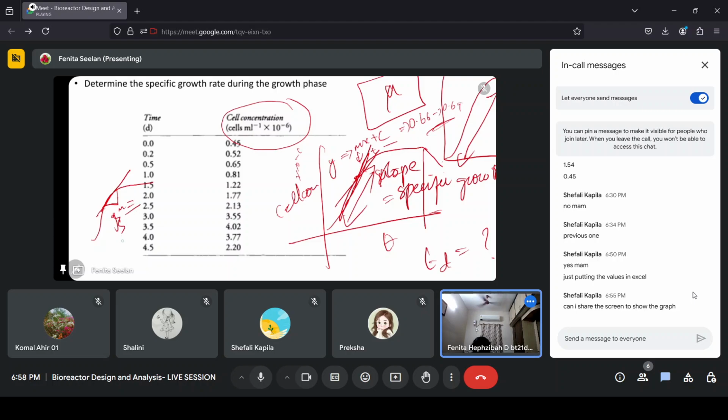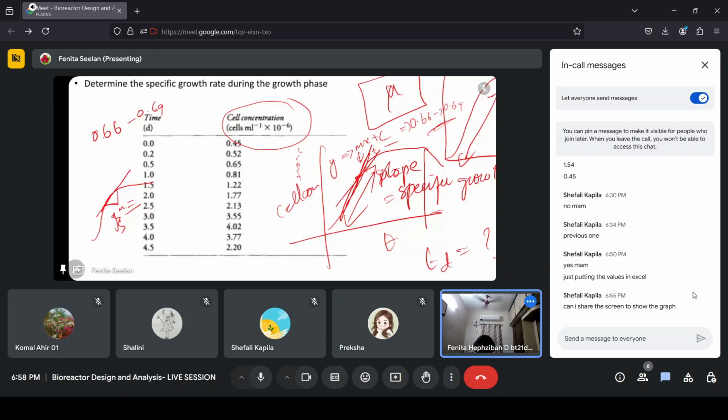So for this question, the slope will be around 0.66 to 0.69 based on how you draw the graph and how the scales are taken. The slope is equivalent to your specific growth rate. I'm taking it as 0.66.